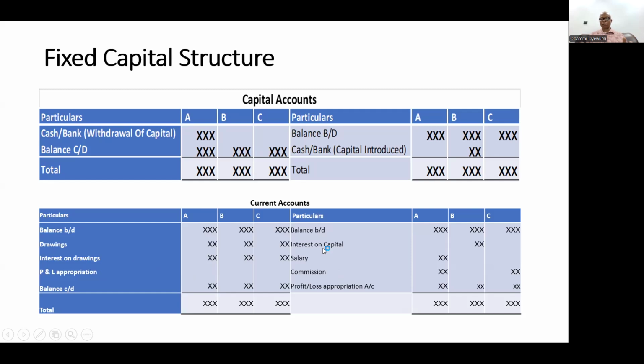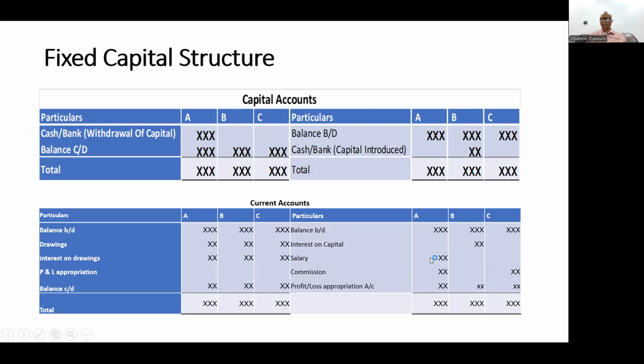And then all the monies due to the partners are stated on the credit side: interest on capital, salary due, commission, and where you have profit appropriated. Profit, of course, comes to the credit side here. So that talks about the fixed capital structure.